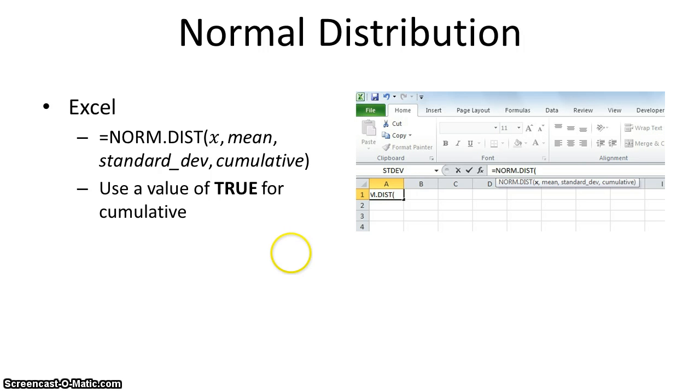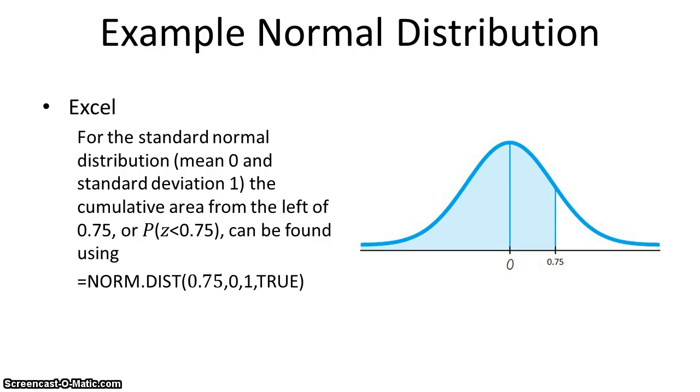Everything else is going to be nearly identical to what we did with the graphing calculator. So for a cumulative area from the left, for a z-score of 0.75, which is to say the probability that our z-score is less than 0.75, I can use NORM.DIST, parentheses 0.75, for the right cutoff value, comma 0, comma 1, and by specifying true, it will always give me the cumulative area from the left.